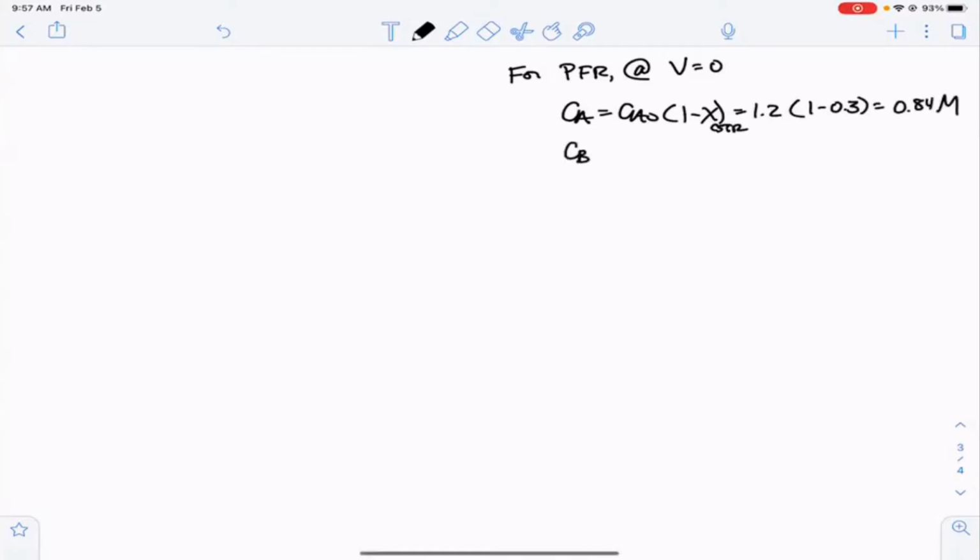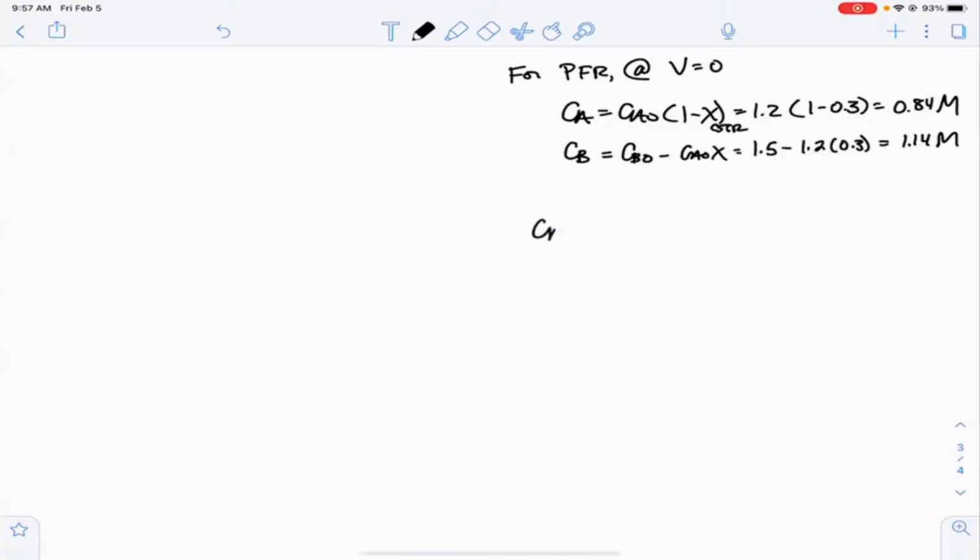And Cb into the PFR equals our Cb0 minus Ca0 times x, which equals 1.5 minus 1.2 times 0.3, which is 1.14 molar, okay? And so what we're going to be looking for in this problem is when do we have an overall conversion of 0.85?